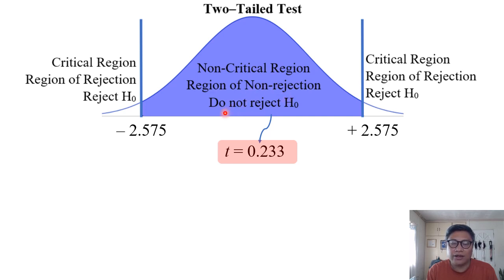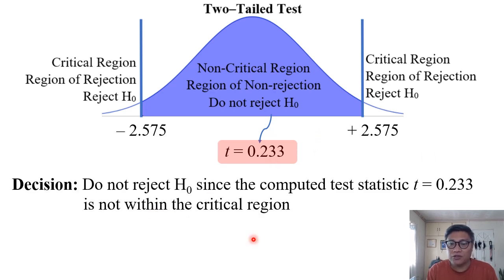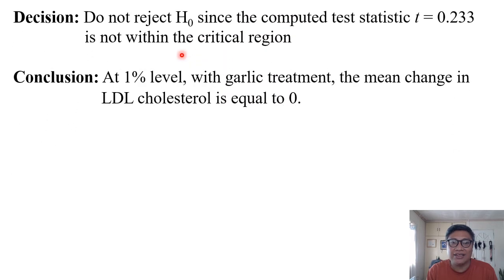So our decision is to not reject the null hypothesis because the computed t-value is not within the critical region. If we do not reject the null hypothesis, our conclusion is the statement in the null hypothesis because we did not reject it, class.